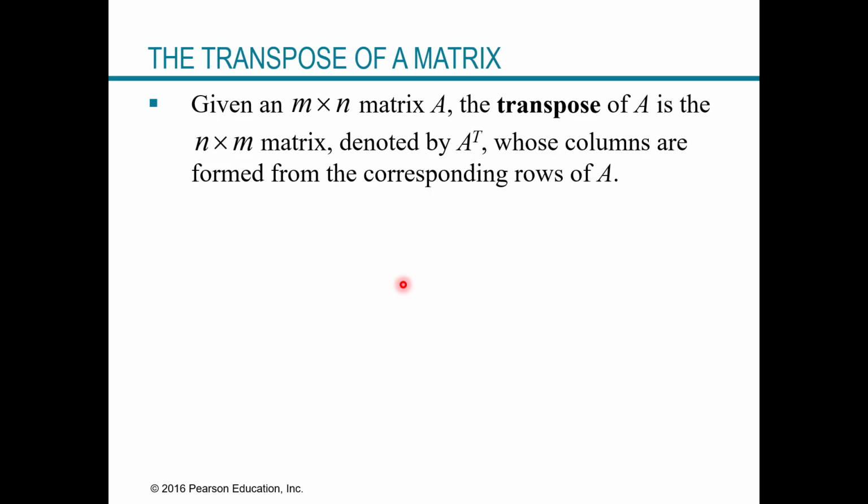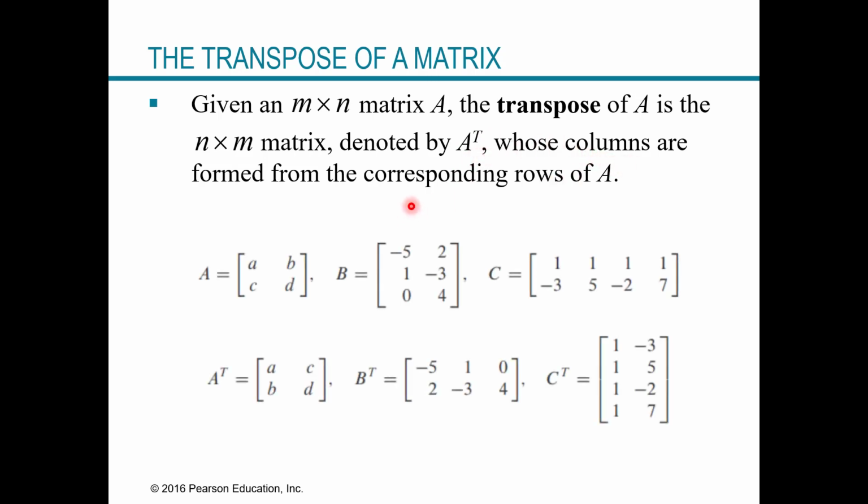And then the last thing I want to share with you guys is what's called the transpose of a matrix. And so given an M by N matrix A, the transpose of this matrix is going to be an N by M matrix, denoted A transpose. That's how we would read this. And then the columns and the rows basically switch. So here's some examples for you.